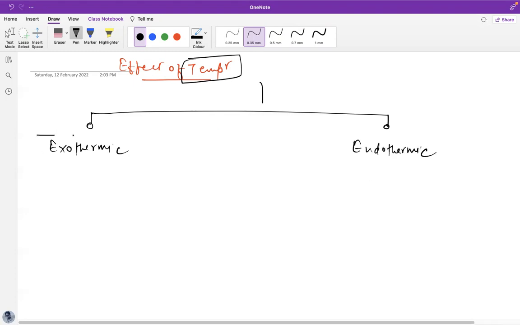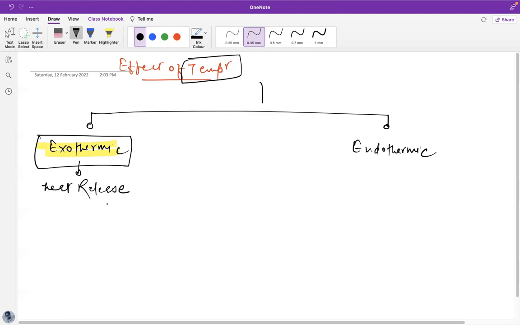Exo means heat will always be released. Heat release, and this is basically known as enthalpy, means delta H will be negative for this.